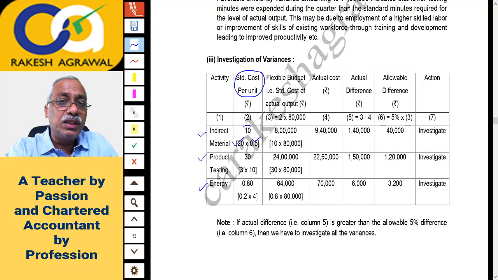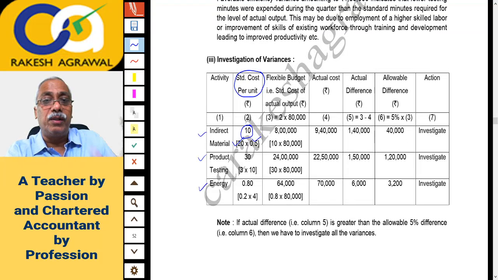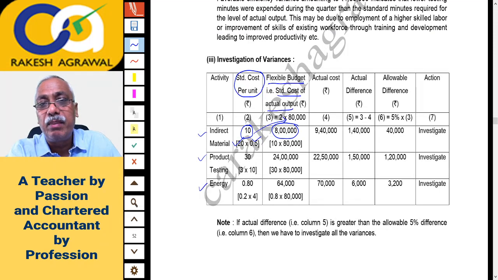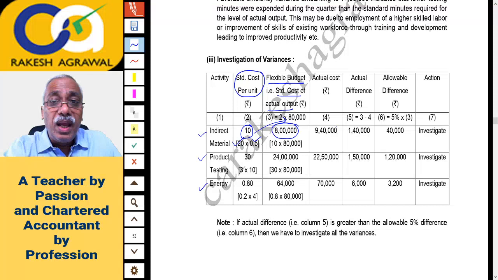So 10 rupees is the standard cost for 1 unit of output into actual output 80,000. So the total standard cost should be 8 lakh. This 8 lakh cost, that is standard cost of actual output, is called as flexible budget. Actual cost is 9,40,000 given to you in the question. This difference is your total cost variance. This is the difference, 1,40,000 adverse.